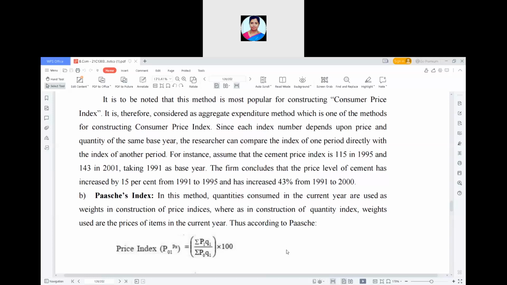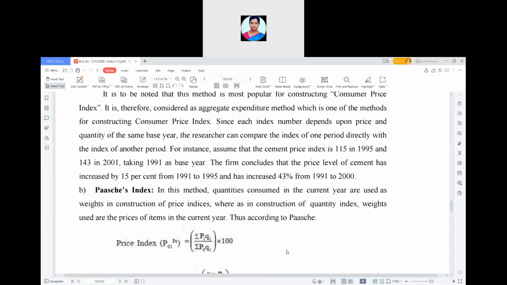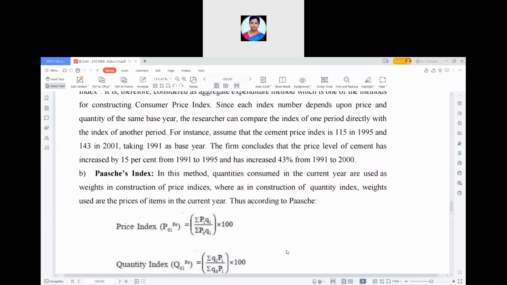Therefore the formula becomes summation P1 Q1 by summation P0 Q1.